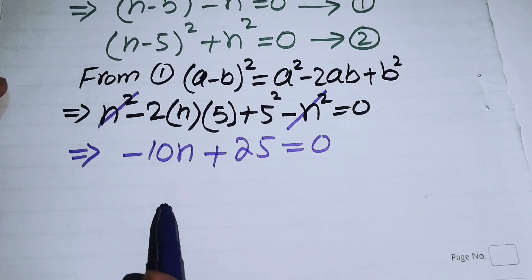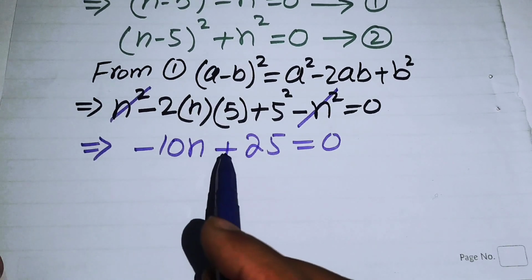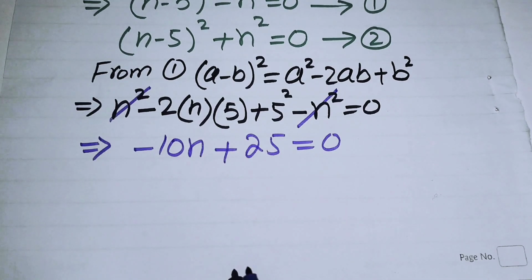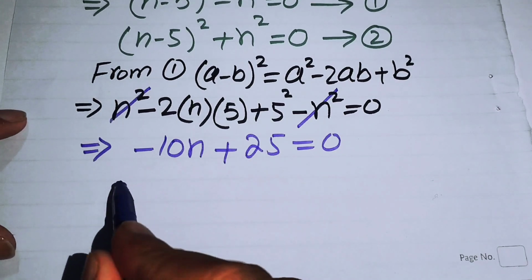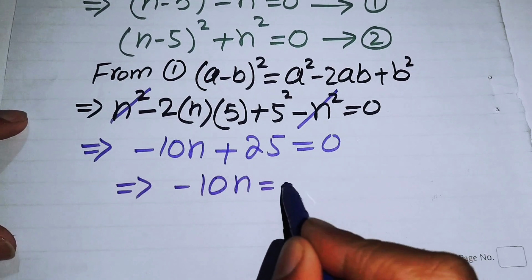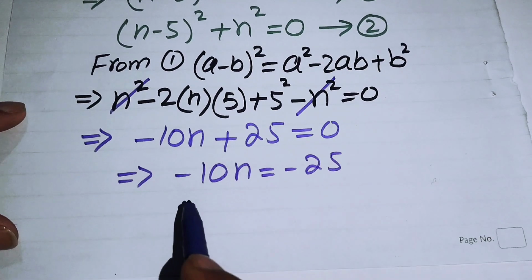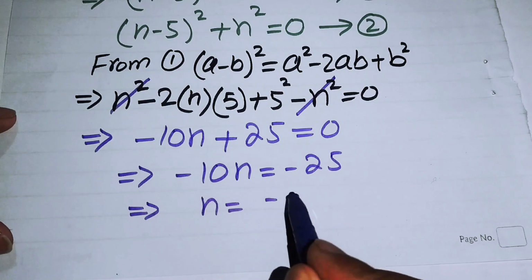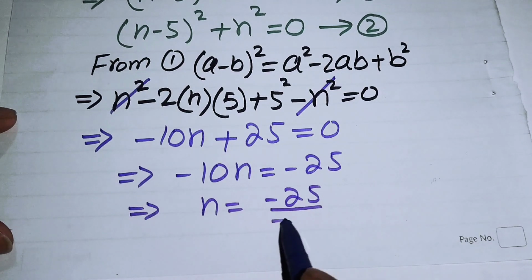So here we need to find the value of n. We move this 25 to the right hand side, and we get minus 10 times n equals minus 25, and here we move this minus 10 to the right hand side, and we get minus 25 over minus 10.